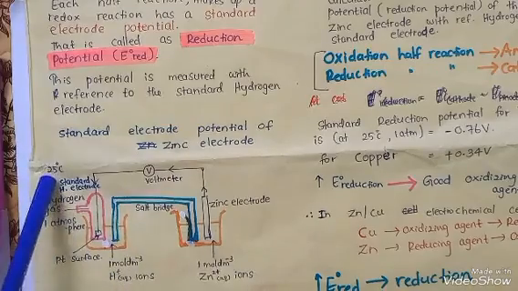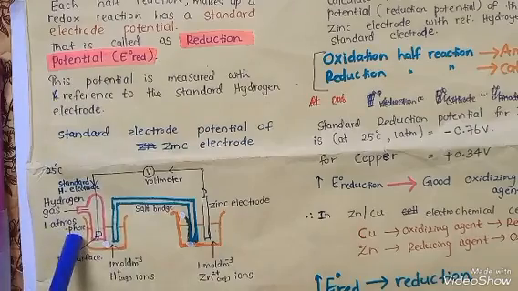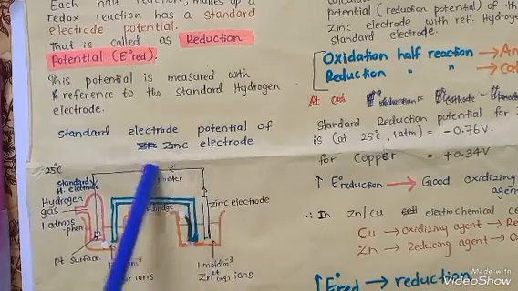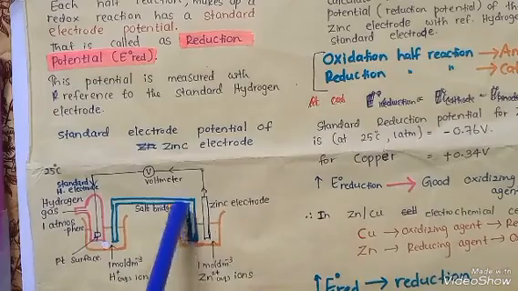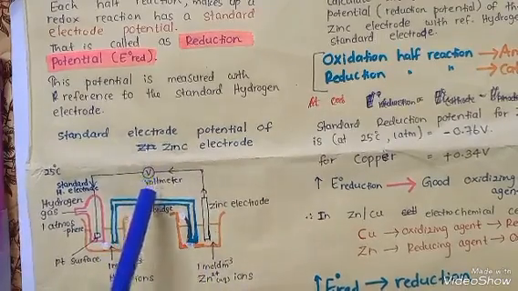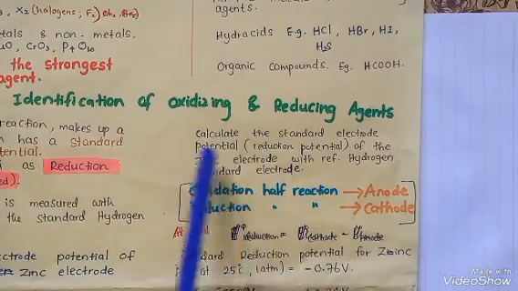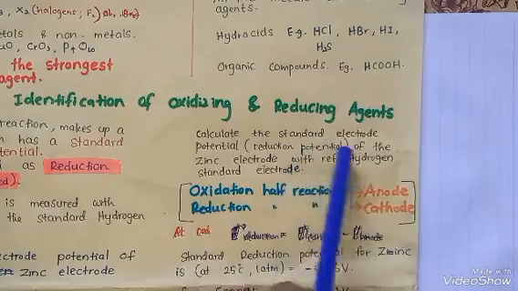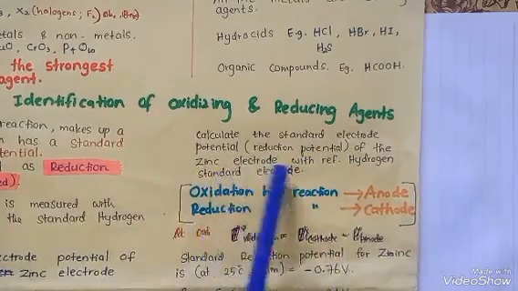The standard conditions are 25 degrees centigrade and 1 atmosphere pressure. Now we can measure the standard electrode potential, or the reduction potential, of the zinc electrode with reference to the standard hydrogen electrode from this voltmeter.